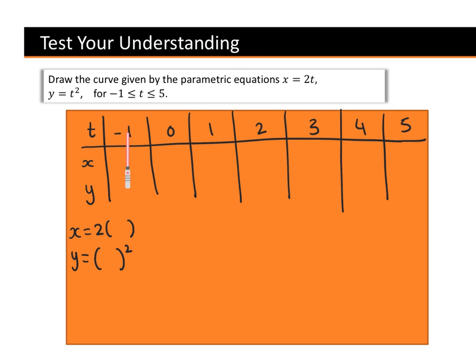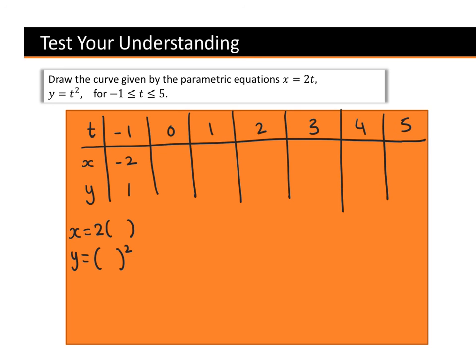So for each one, for minus 1, you're going to substitute it in here. So for the first one, our t is minus 1, so our x coordinate is 2 times minus 1, which is minus 2. For our y coordinate, we're going to substitute t is minus 1. Minus 1 squared is 1.